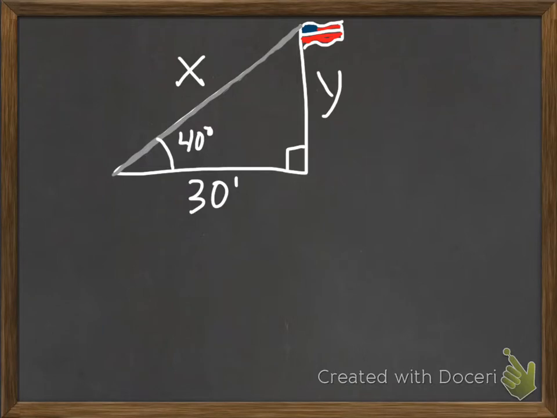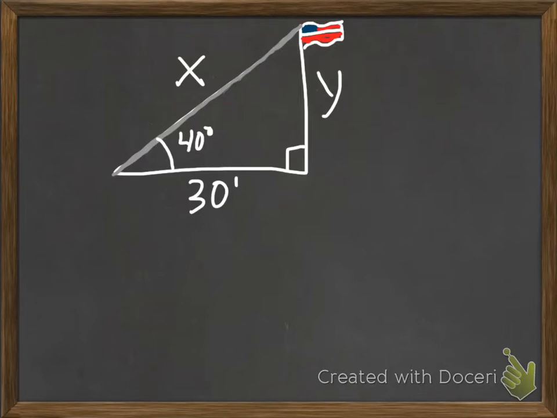So now we're just going to have some scenarios. So right here we have a flag, and what's going on is you're being tasked with adding a support wire to this flagpole.